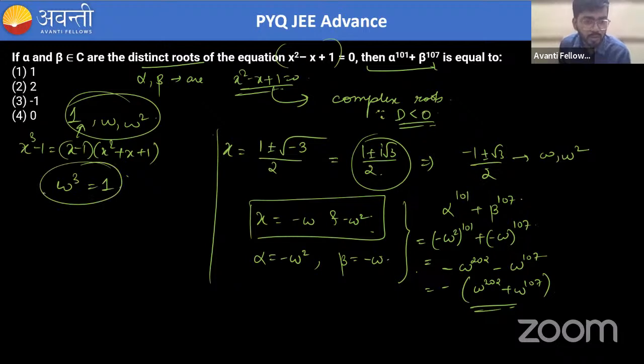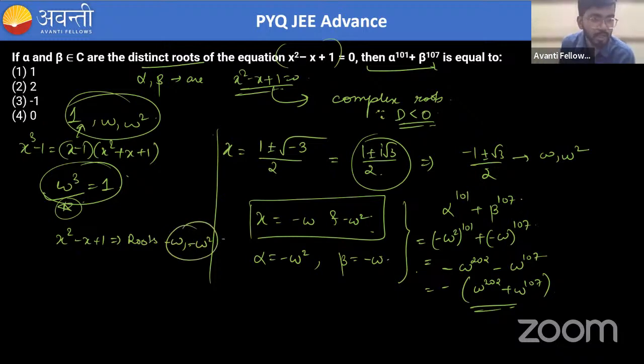So we have used this property as well as the property that the roots of x square minus x plus 1 will be minus omega and minus omega square. So these are two things we must remember while solving cube roots of unity questions.